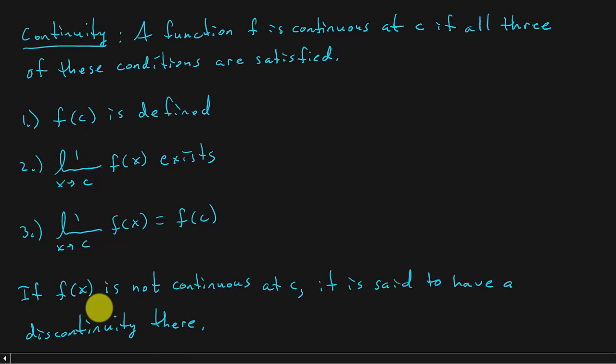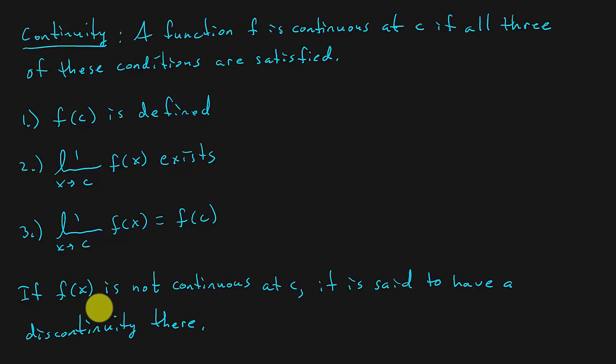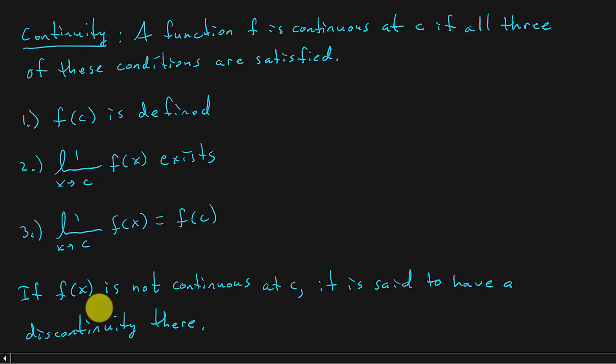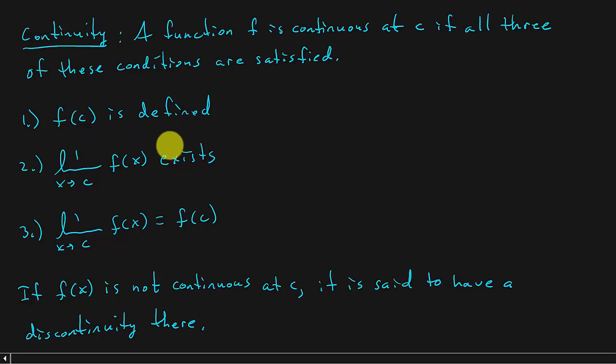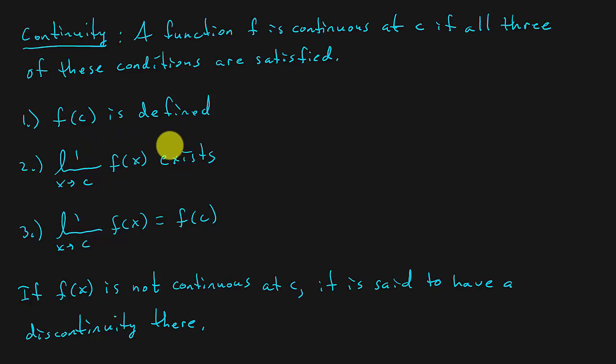Let's look at continuity. So a function f is continuous at c if all three of these conditions are satisfied. So f of c is defined, so that means we need to be able to plug the number into the function, and it's defined.